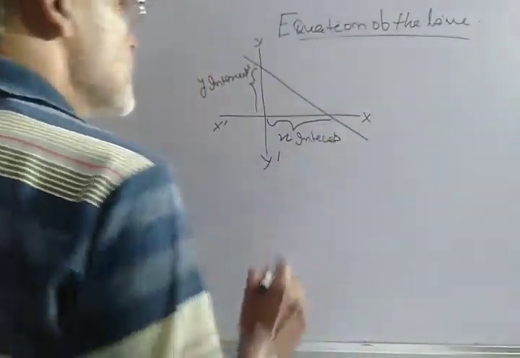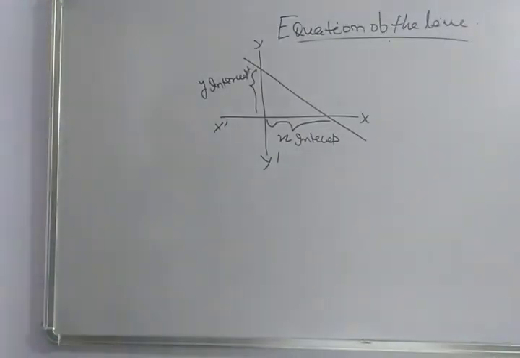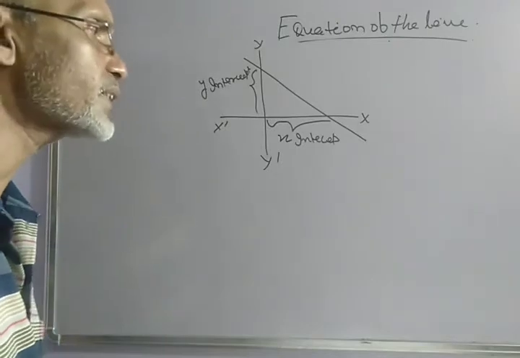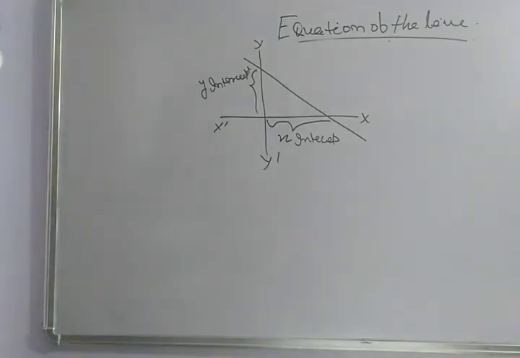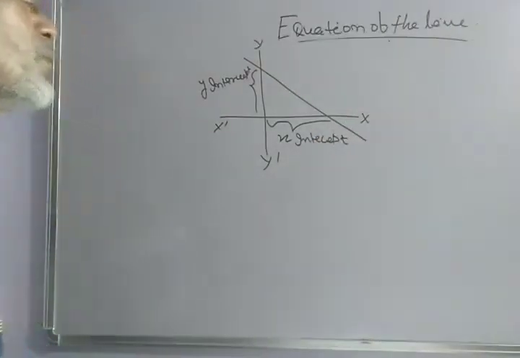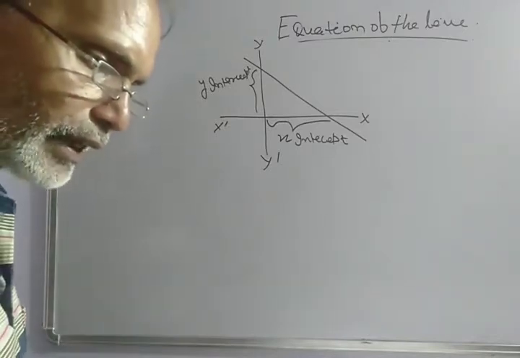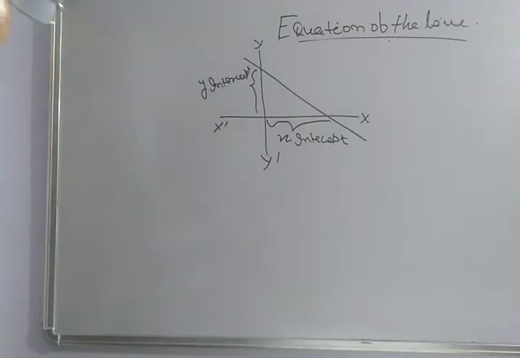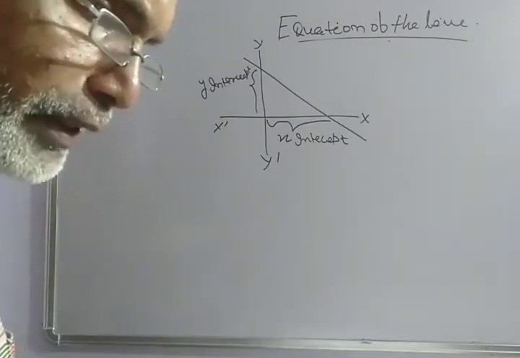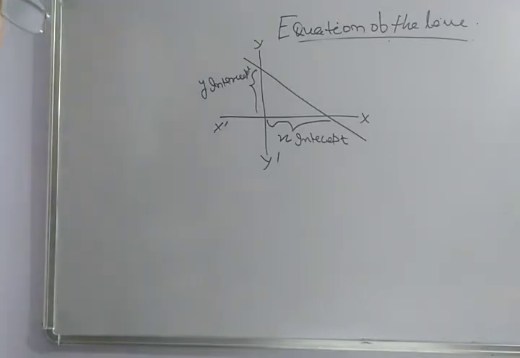The distance from the origin to the point where the line intersects the x-axis is known as the x-intercept, and the distance from the origin to the point where it intersects the y-axis is known as the y-intercept. The two taken together in this particular order are called the intercepts of the line on the axes.